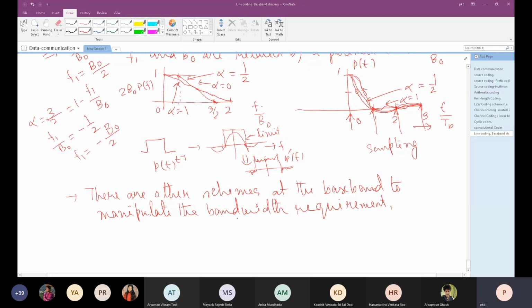Of course, there are other schemes at the baseband to manipulate the bandwidth requirement. One of the important ones is, for example, correlative coding.